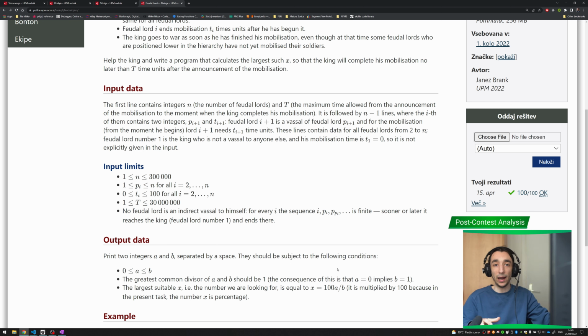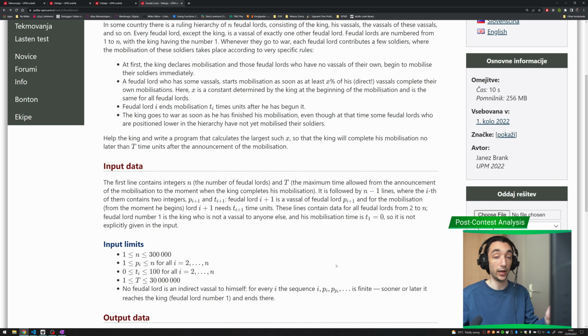We cannot binary search X. Okay, what's the proof that we can even binary search X?